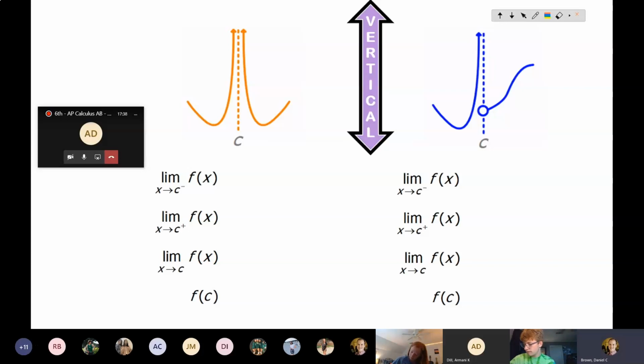Whether you write this down in your notes or not is up to you, but I just want you to figure out if it exists or doesn't exist for me kind of real quickly. People tend to be a little bit better with vertical asymptotes over horizontal. So again, we don't have any numbers, but I just want you to determine if it exists or doesn't exist. And then we'll really pull it all together for the classwork activity.